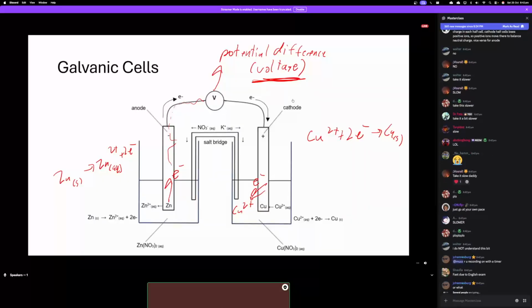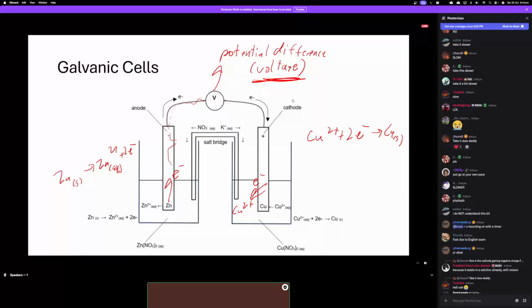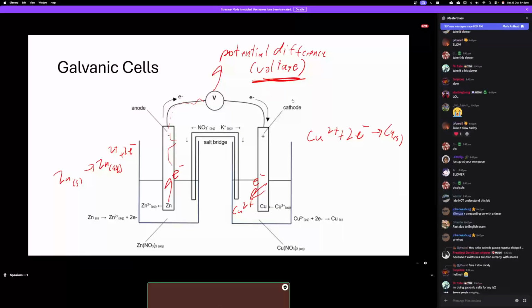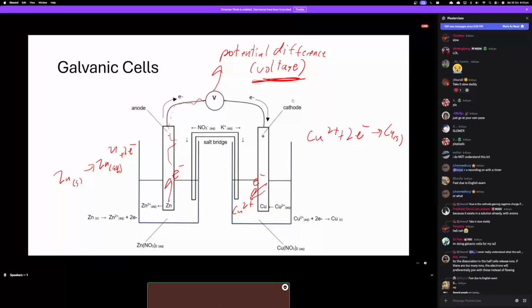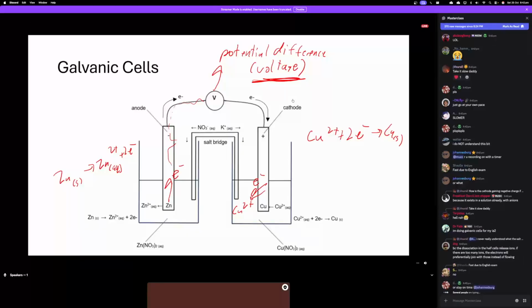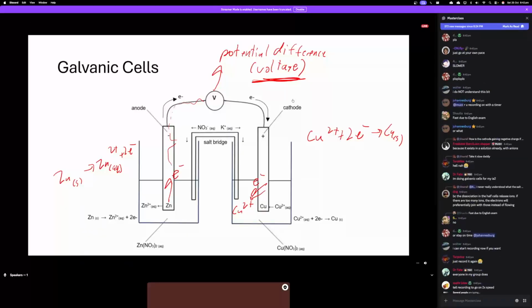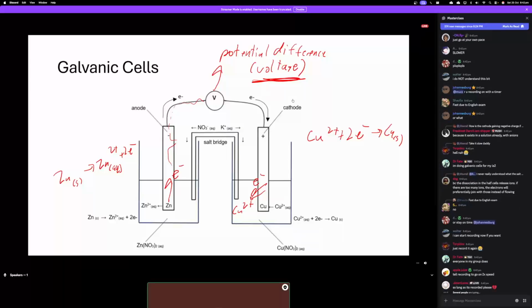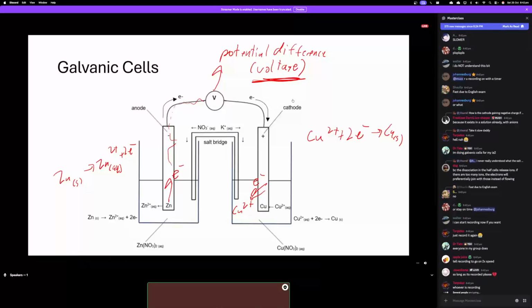Understand this bit? I don't know how the recording's going. That's my worry. Record it again. I'm not the one recording, unfortunately. Johannesburg, are you able to somehow record or figure out a way for someone else to record?